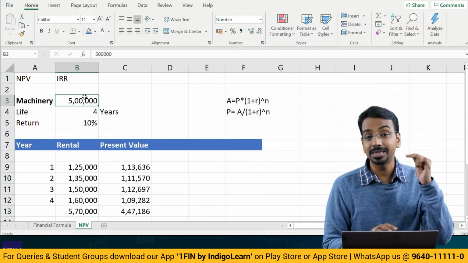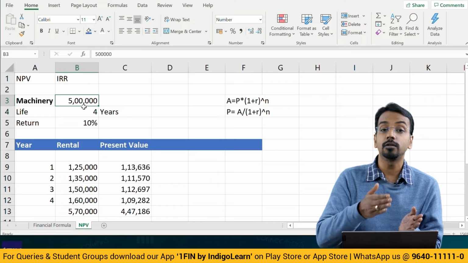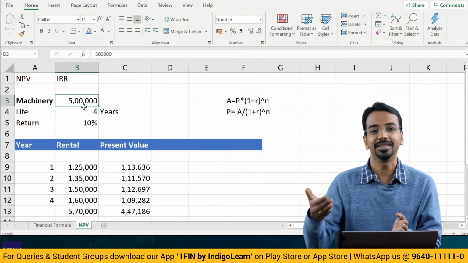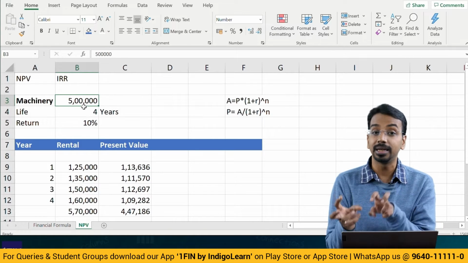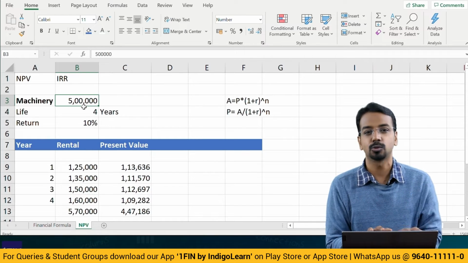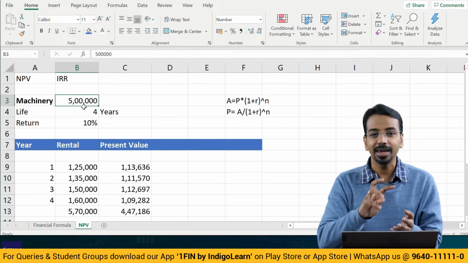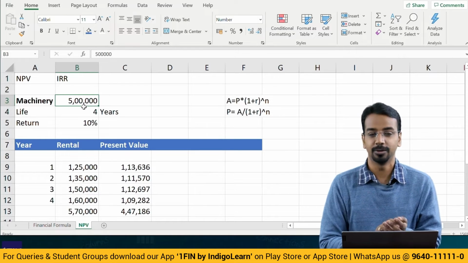Now since we have only single cash outflow, this 5 lakh remains 5 lakhs. But if you have outflows also over different years, in that case you have to discount that and bring it to the present value. Obviously that is not in our scope of discussion. You just need to understand what is the basic logic of NPV and how does Excel work around with NPV.